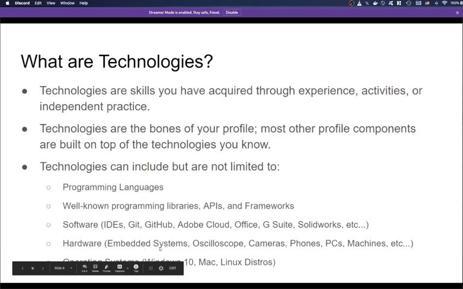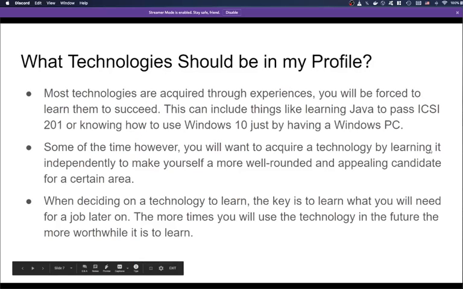So we're talking embedded systems, oscilloscopes, cameras, phones, PCs, cool stuff like that. And then operating systems too. You should probably have a really good understanding of your operating system as a CES major. Just saying.